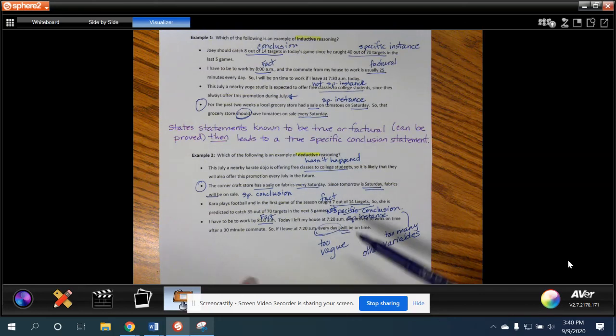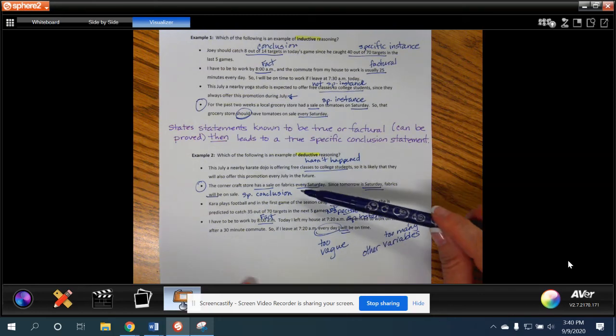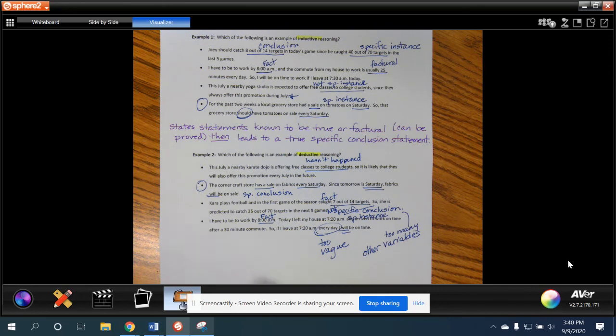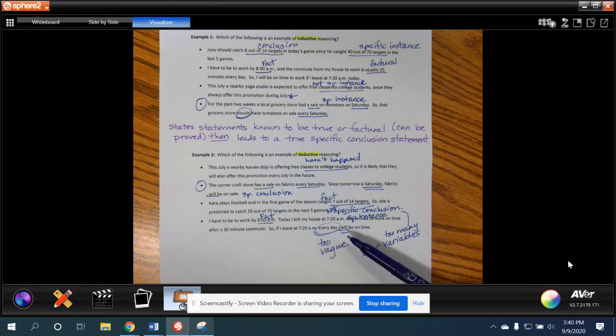That is just too vague in comparison to the second option that had a very specific conclusion. If this said, then every day I should be on time, I could use it because that would eliminate some of those other variables. But when it said will, it's a done deal. I can't guarantee 100% that every day I will be on time.